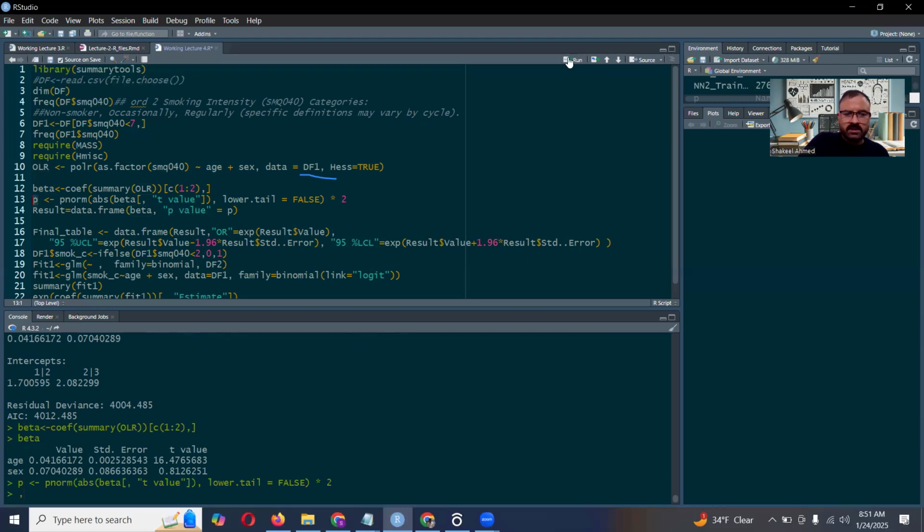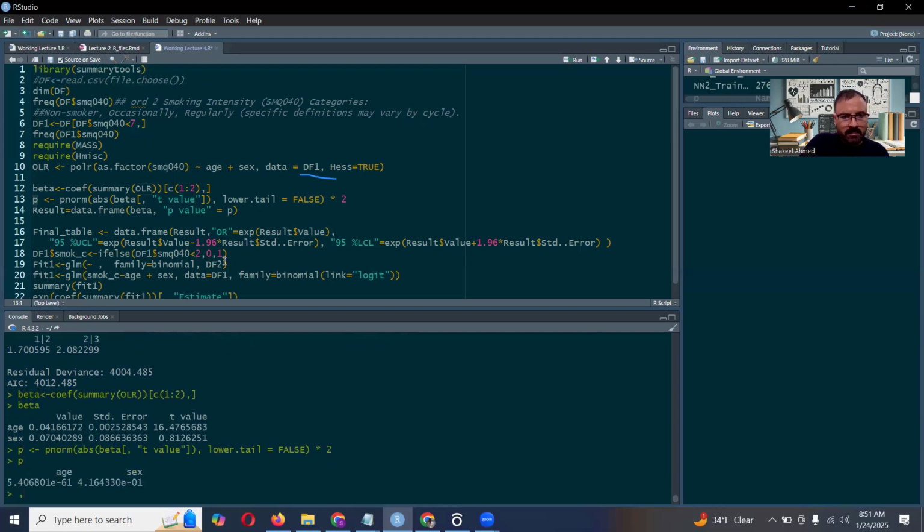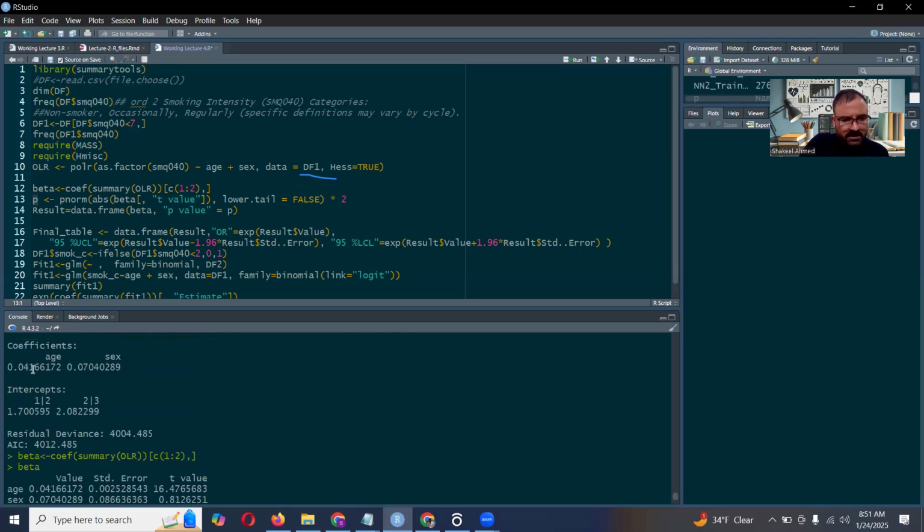So I'm computing p values for these two coefficients. The summary coefficients include all the coefficients and the intercepts as well. So I am selecting the two coefficients only, and I am finding the p-value for these two coefficients.